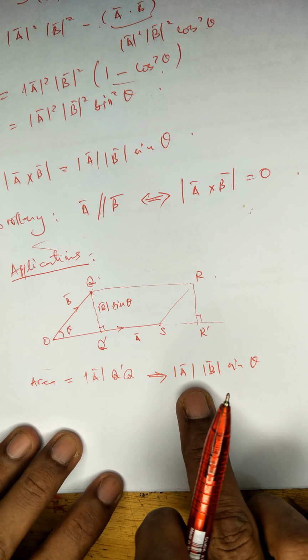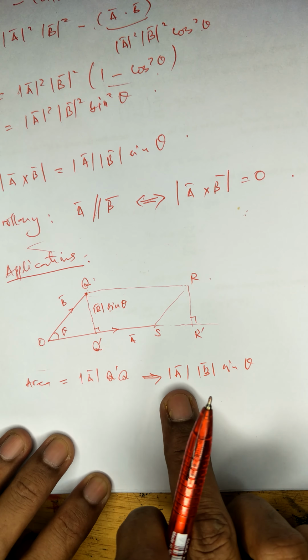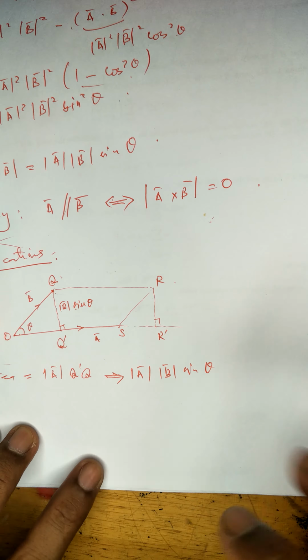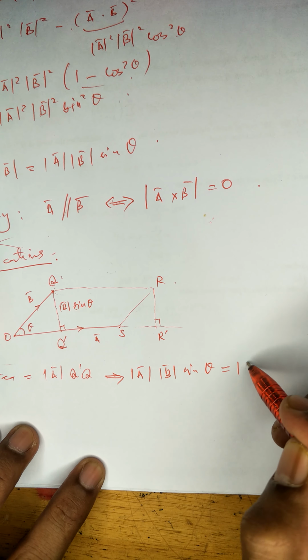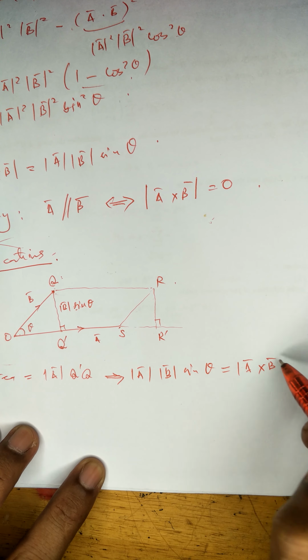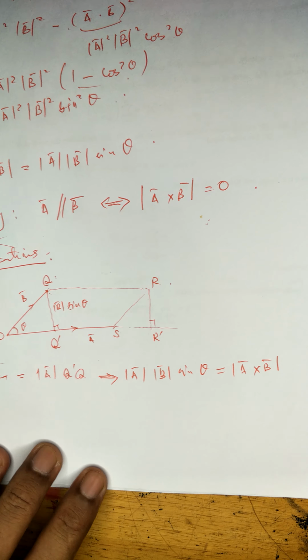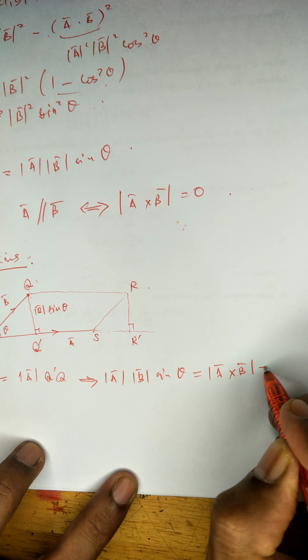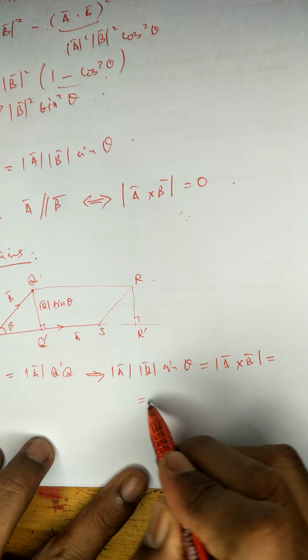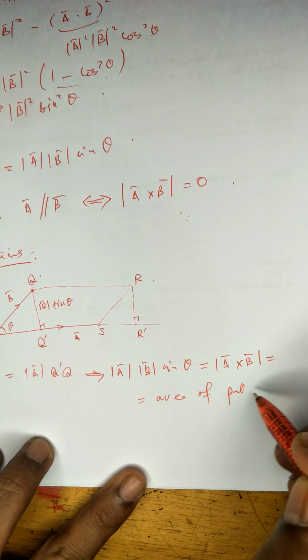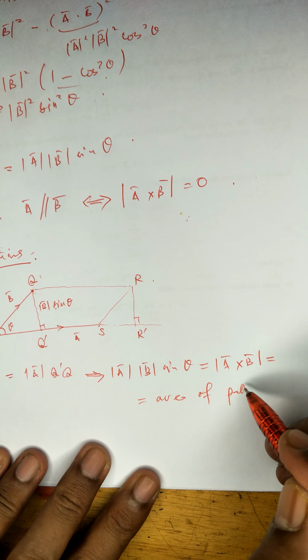If you recognize this, magnitude A, magnitude B, sine theta, this is actually the magnitude of A cross B, by the definition that we have seen earlier. And this gives us the area of the parallelogram.